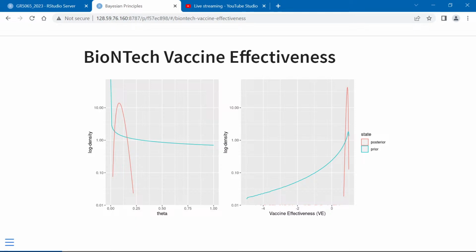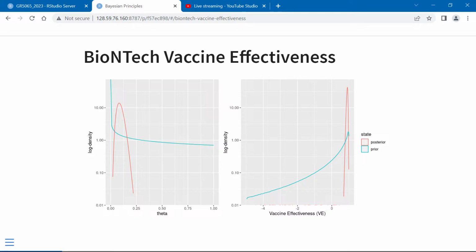And so a better prior, one that more accurately reflected scientific belief at the time, would have had very little to the left of zero, a lot slightly to the right of zero, and not so much very close to one. But the one that Pfizer chose managed to not achieve any of that.